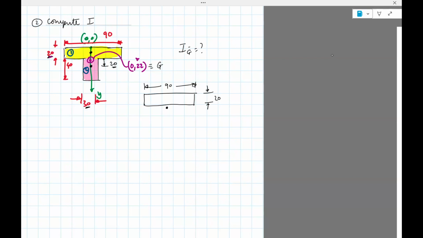But the centroid is right here at 2 millimeters below that, right? So it's 22 millimeters from the top, so 2 millimeters from the end. And the actual centroid is right here, middle. So let's call that G1. And this point is G. G1 is the centroid of the yellow rectangle, number 1.